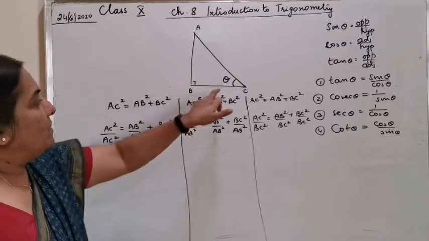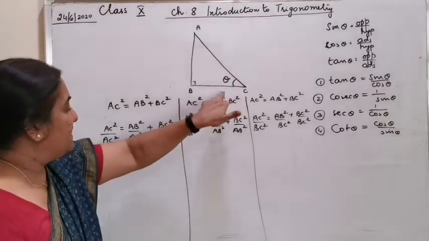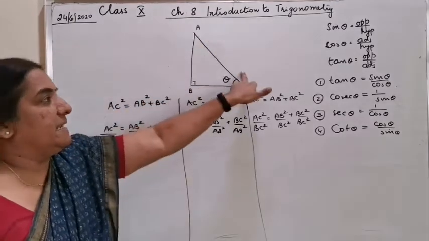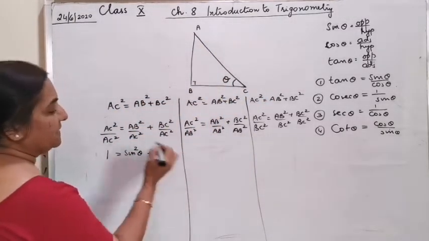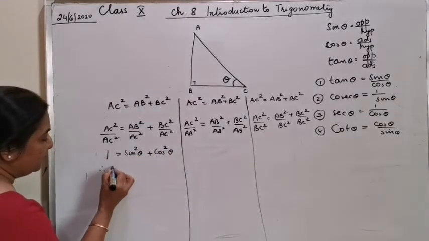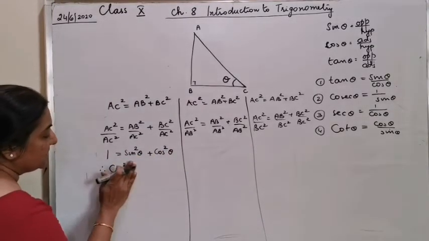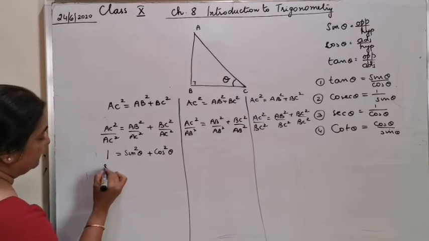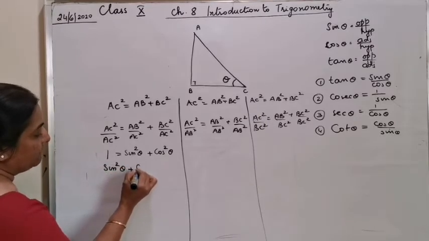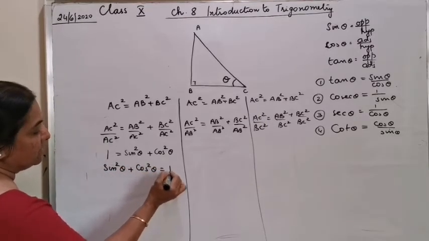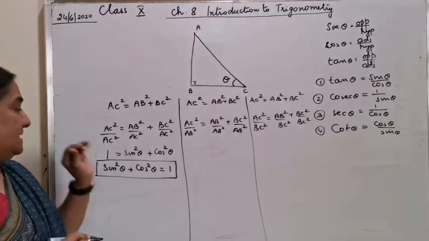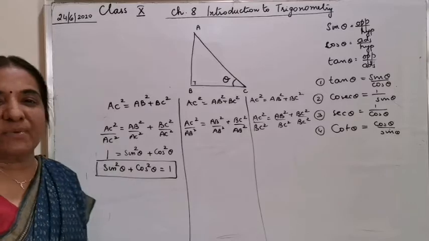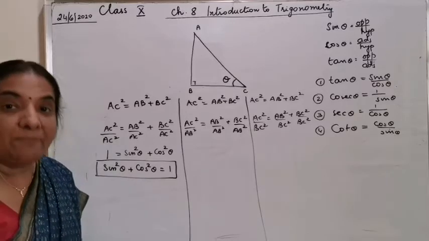And for angle theta, BC represents the adjacent side and AC represents the hypotenuse. That means it is cos square theta, or the first identity is sine square theta plus cos square theta is equal to 1. The first identity is sine square theta plus cos square theta is equal to 1.